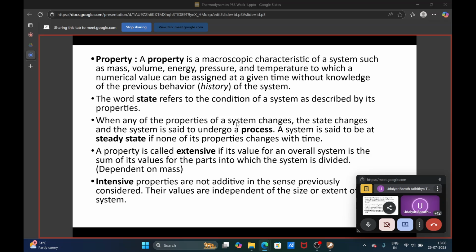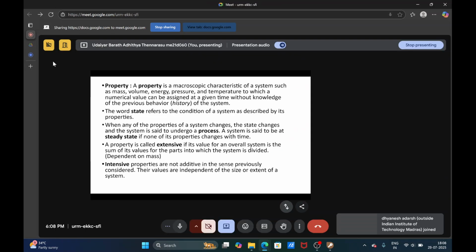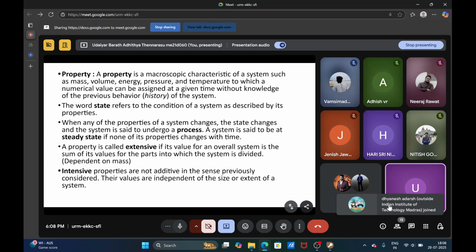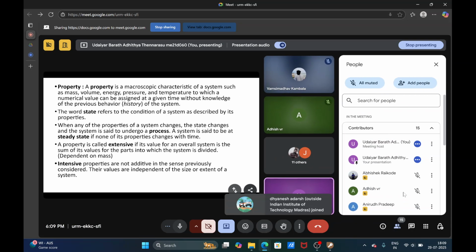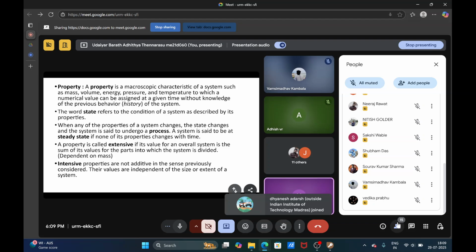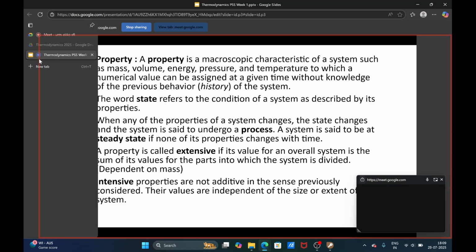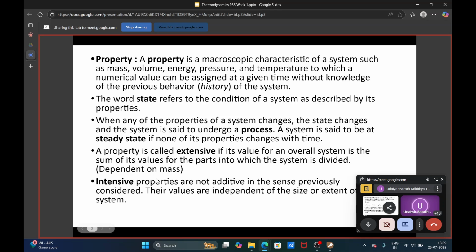It will not be any different unless some process is happening. So again, that becomes an intensive property. Extensive properties are those which have a dependency on mass, and intensive properties are independent of mass.